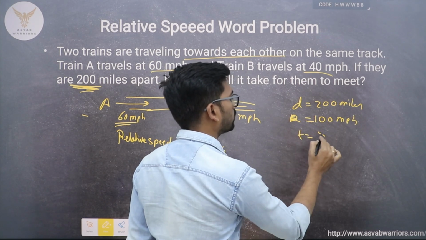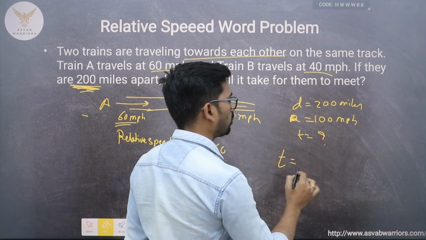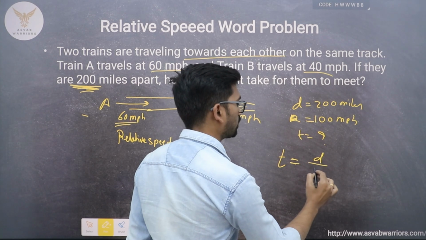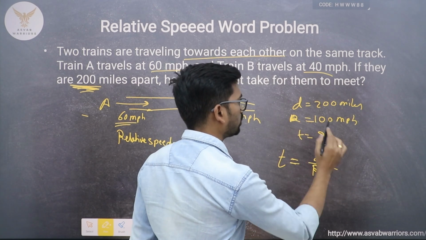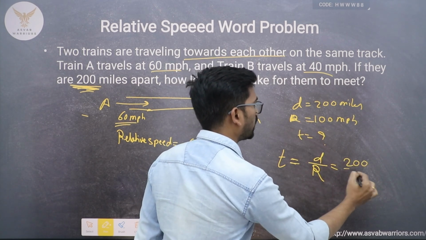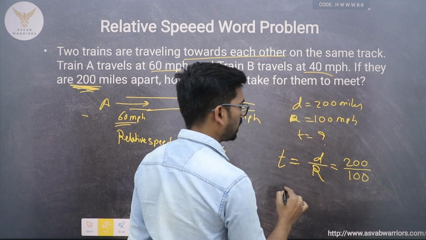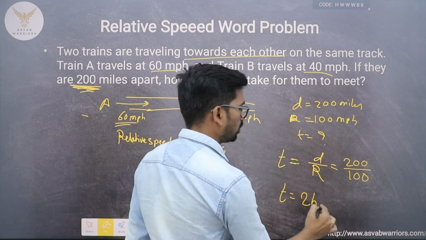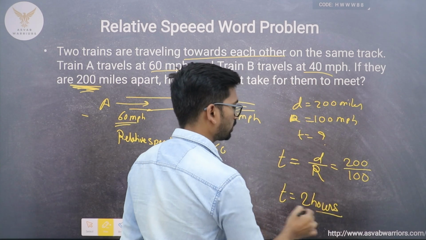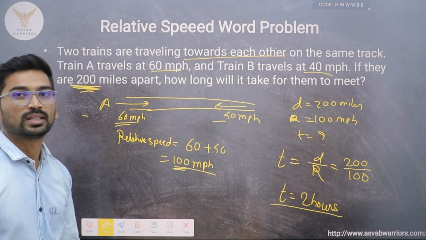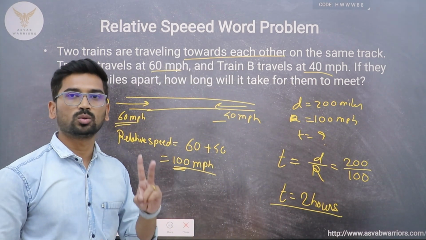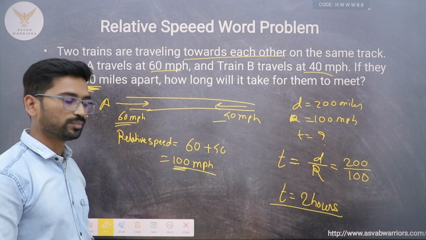What will be time? For time we have the formula, which is distance divided by rate. Here distance is 200 divided by rate is 100, so time will be equal to 2 hours. So both the trains will take 2 hours to meet each other.